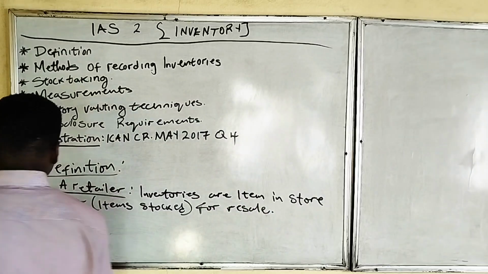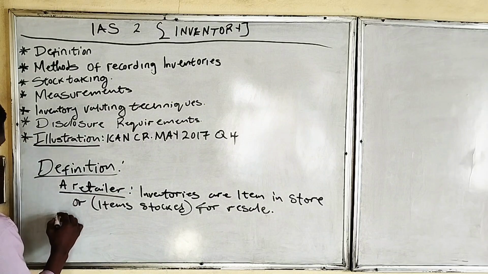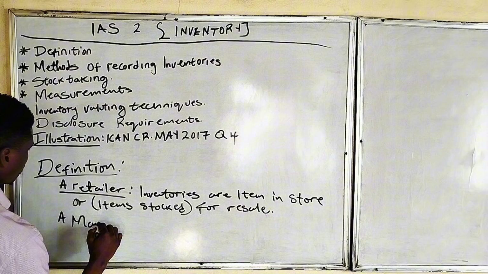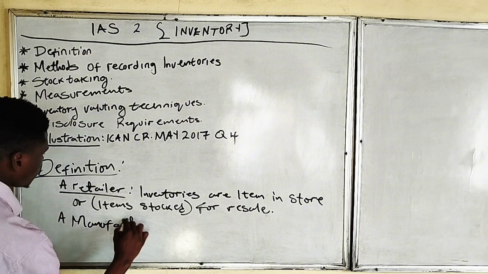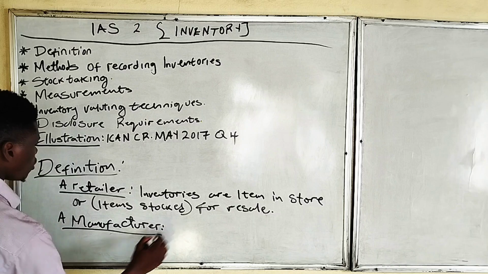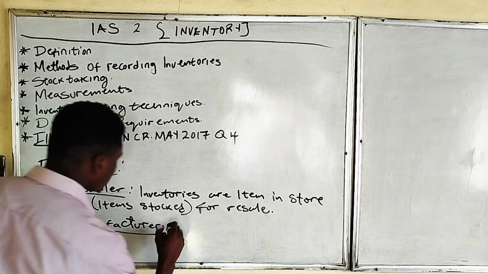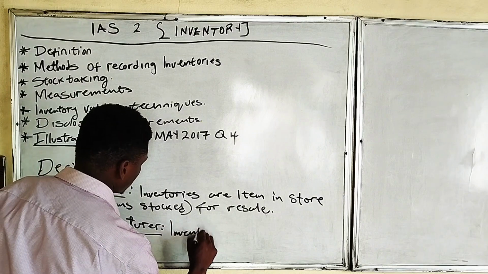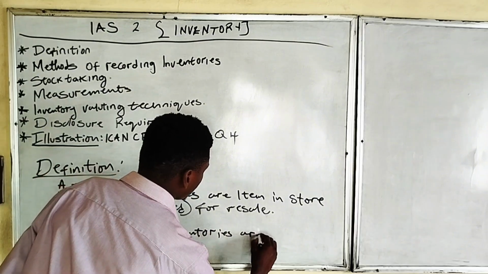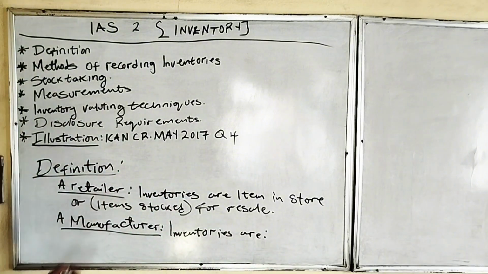So he will have to purchase, so those items purchased and stored in a warehouse for resale are regarded as inventory. Also, we have inventory as defined to a manufacturer. A manufacturer will need several things to manufacture a product.